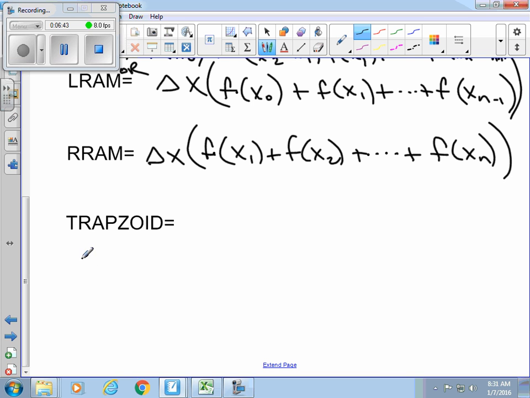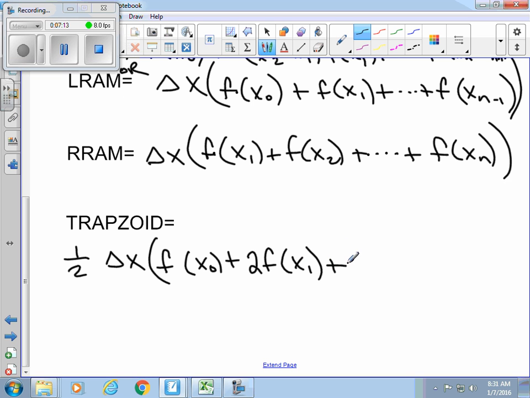What would my generic formula for a trapezoid be? 1/2 change in x, which would be the height. And again, if we had multiple changes in x, we'd have to do that throughout. And what? X0. 2 times f. Good. Why 2 times f of x1?